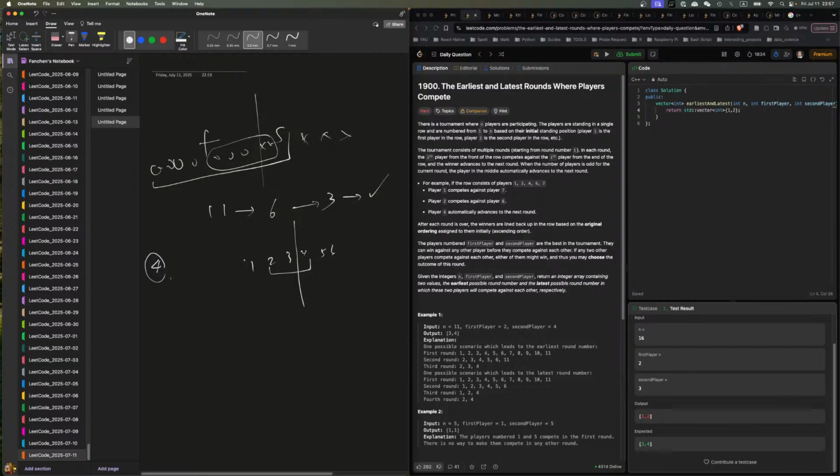But if it's smaller, double of 4 is 8. What if it is 8? So we cannot breach. So we need another round.